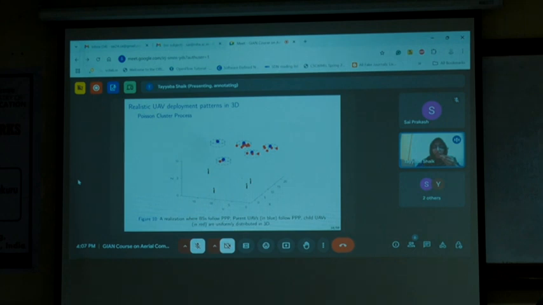One thing I would want to highlight here is that it is not necessary that there is always a parent UAV in each cluster. You can as well note it as some reference point around which the child UAVs are distributed in a disk, in a cylinder, or in a sphere, or in any rectangular grid.